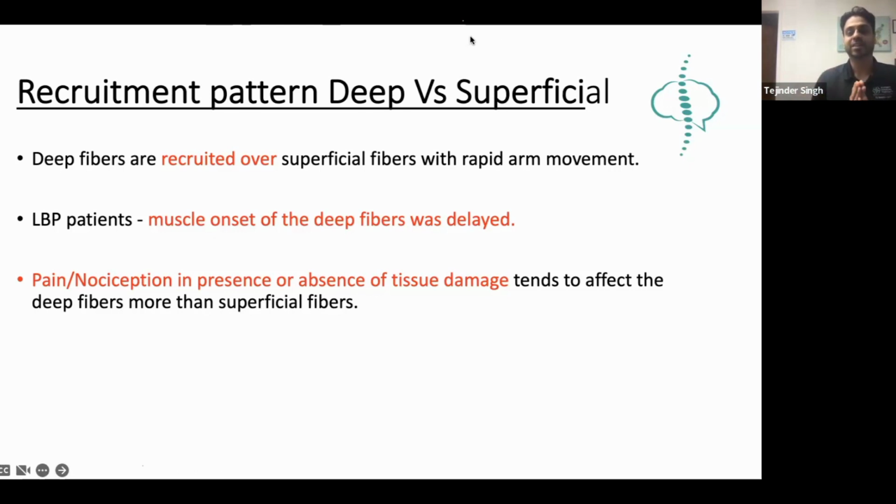The research says that if the patient has gone through that process of central sensitization and pain processing is affected, it tends to affect the deep fibers as well. So if your patient has central sensitization and low back pain, definitely assess the deep fibers of multifidus.